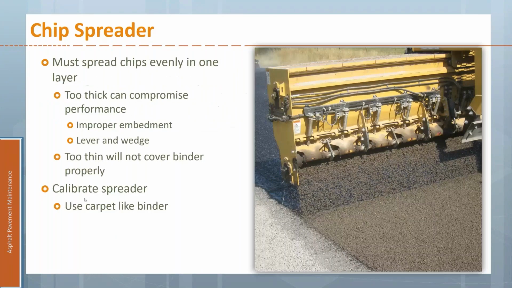Again, your chip spreader is going to make one layer of aggregate. Any more than that, you're going to have not good enough embedment. You're going to have a lot of extra that you have to clean. Lever and wedge.